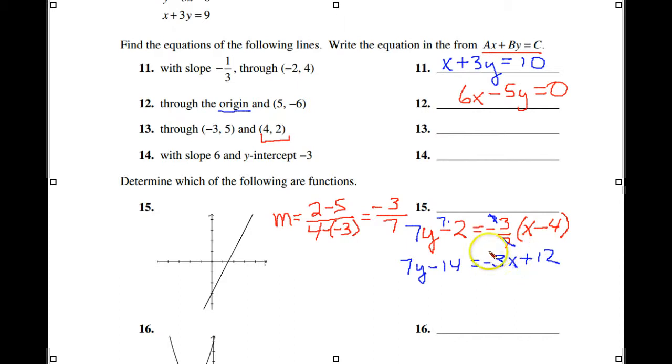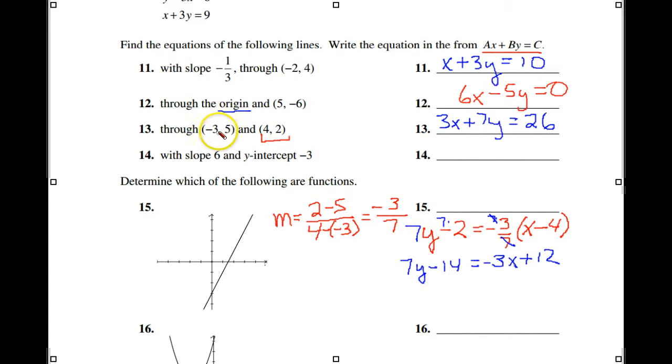Now since I'm going to put it in standard form, I'm going to move this term over to this side already, and I'm going to get a positive 3x plus 7y. That's moving this term over here, and that gives me 3x plus 7y. And I'm going to move this over to this side as a positive 14, and that gives me 26.